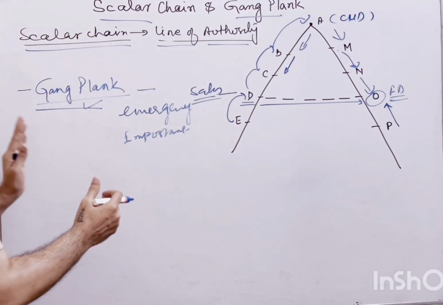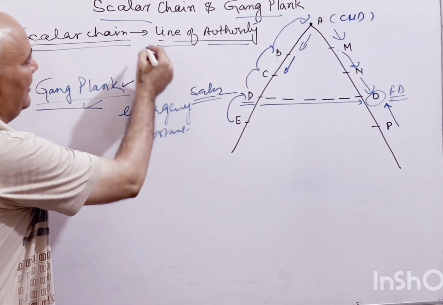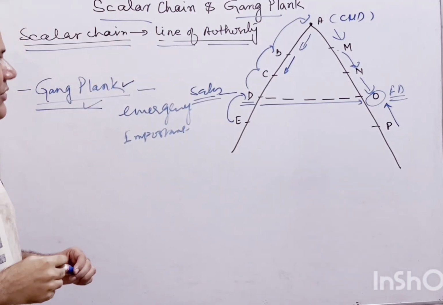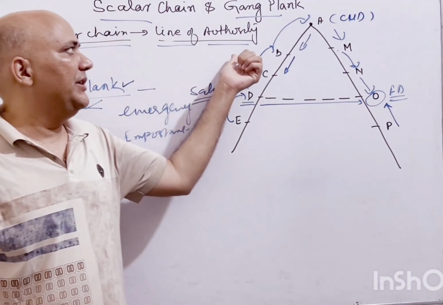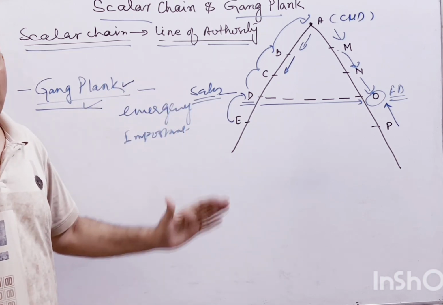So that you have to understand under which condition. So that is called gangplank. In the normal circumstances, a person has to abide by the line of authority, that means the scalar chain or the hierarchical chain, right? Thank you.